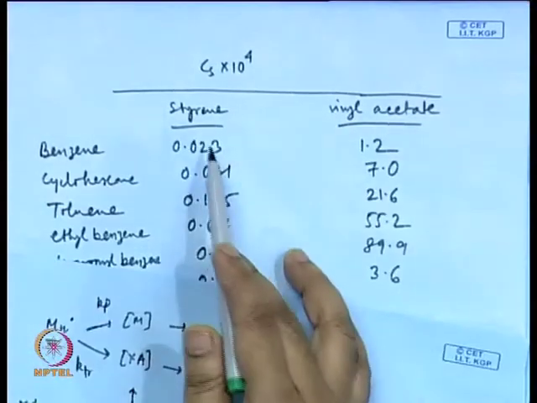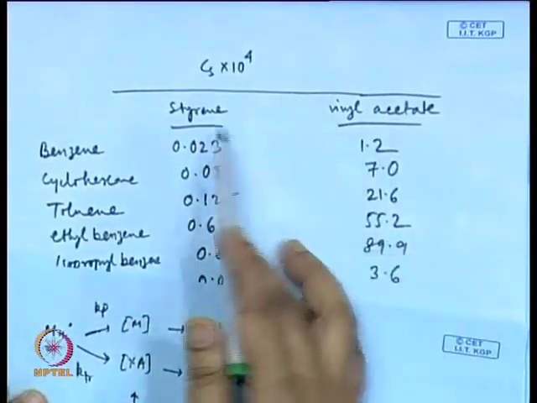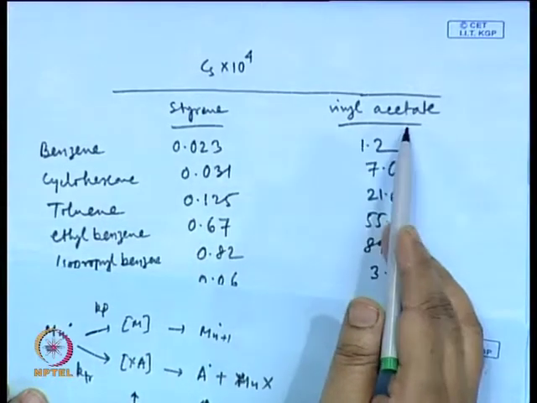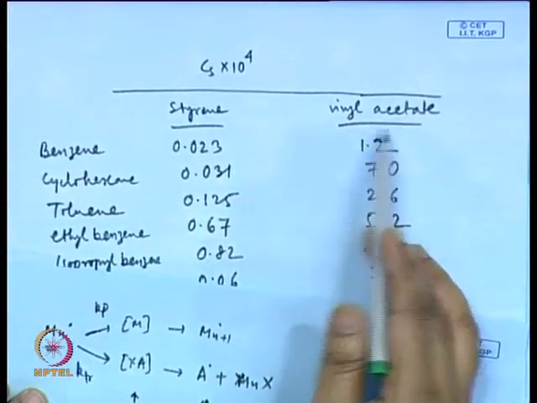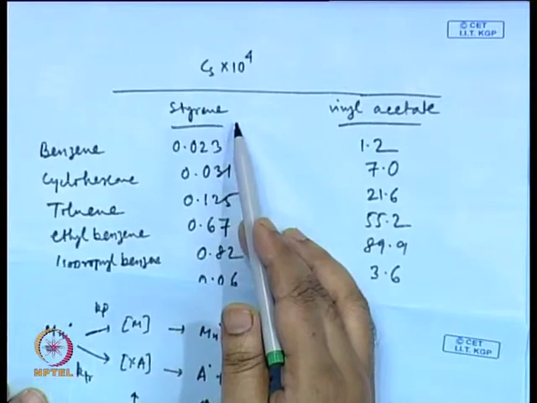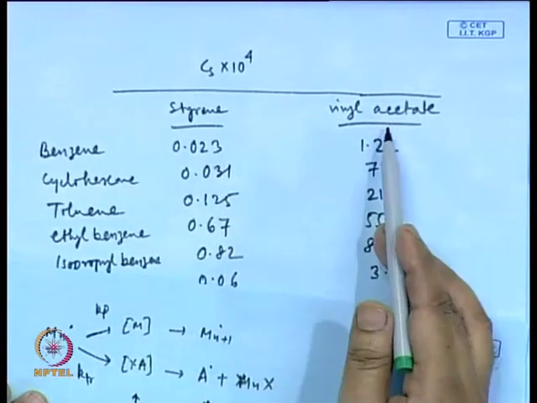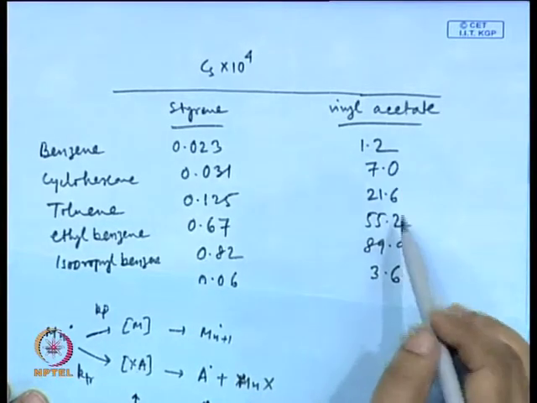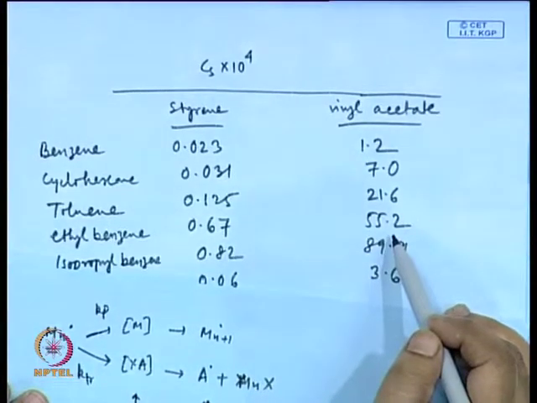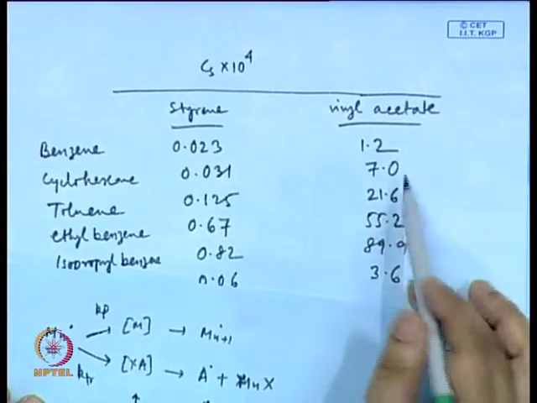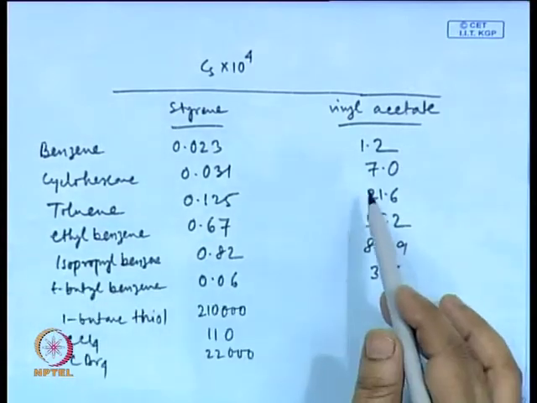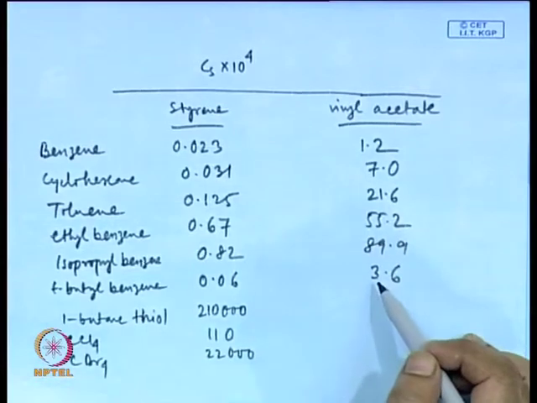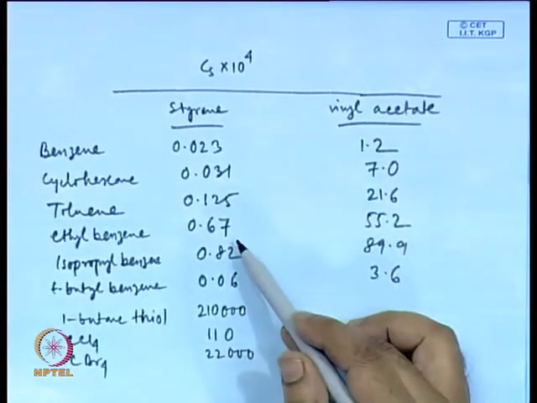Now, between the propagating radical from styrene polymerization and from vinyl acetate polymerization, this is much more reactive compared to a styrene radical generated from a styrene molecule. So, this will react much more with the solvent molecule. So, that is the reason these transfer constants have much higher values compared to styrene.